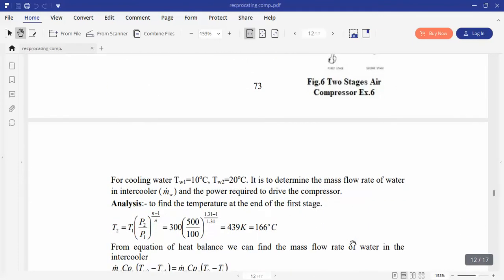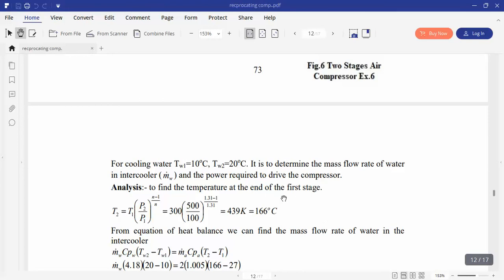The analysis: to find the temperature at the end of the first stage, T2 equal T1 into (P2 by P1) to power n minus 1 by n, and this gives that T2 equal 439 Kelvin or 166 degrees centigrade.